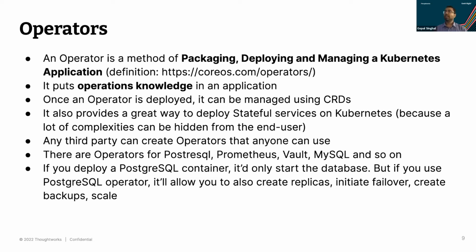CoreOS were the first ones who coined the term operator pattern in one of their articles. The link is coreos.com/operators. In this article, they talked about custom resources and custom controllers. Custom resources and custom controllers in combination are called operators or the operator pattern.